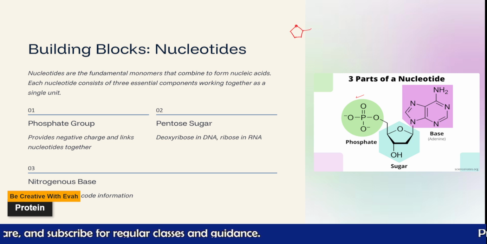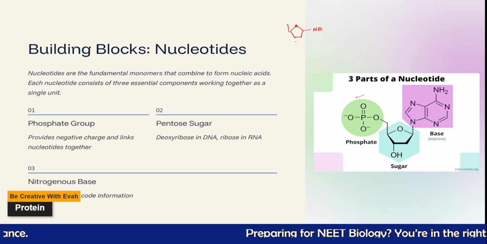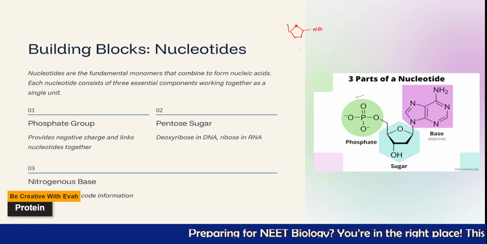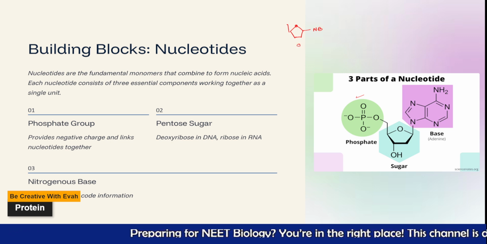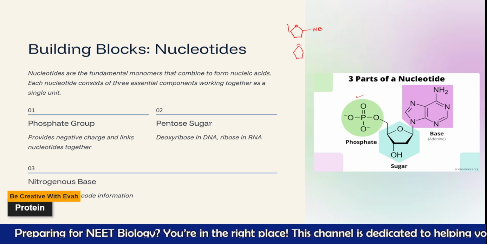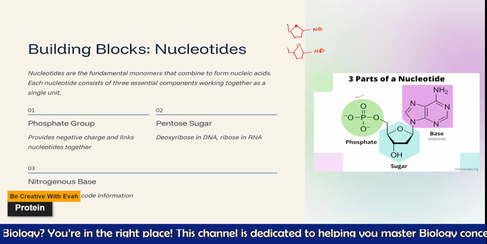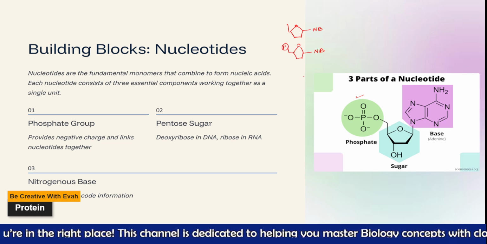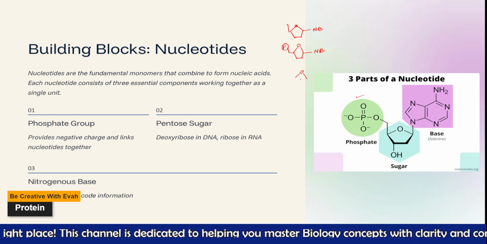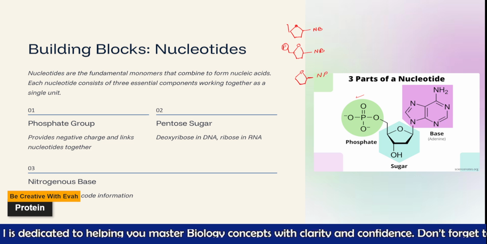In the first carbon atom, the nitrogen base is attached, and in the fifth carbon atom, the phosphate group is attached. So there are many nucleotides joined to form the polynucleotide chain, that is the nucleic acid. Here the second nucleotide, here the phosphate group attached, then the third one, in the first carbon atom, the nitrogen base is there.